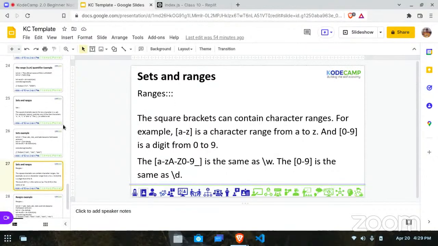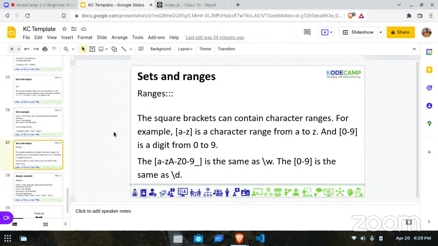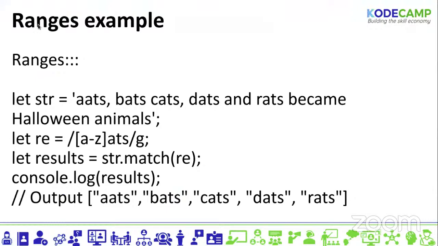Okay. So we just have to look at an example of that range. So let me go live, or let me show you an example of that. So a ranges example would be you having a string like this: AATS, BATS, CATS, DSTA, DATS, and RATS, for example. Now, if I want to get all, like AATS, BATS, and anyone that has ATS after it, I can match it like this.